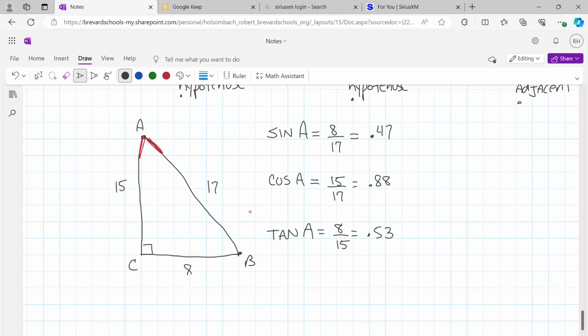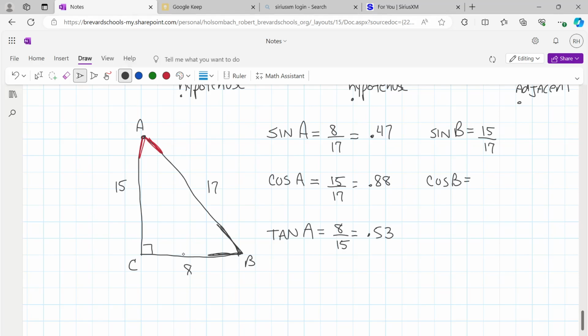So the next thing we're going to do is write the sine, cosine, and tangent for angle B. And here's our angle B. All right, so sine of B is equal to sine, that's the SOH, opposite of B over hypotenuse, so 15 over 17. Cosine of B, cosine is CAH, so CAH TOA.